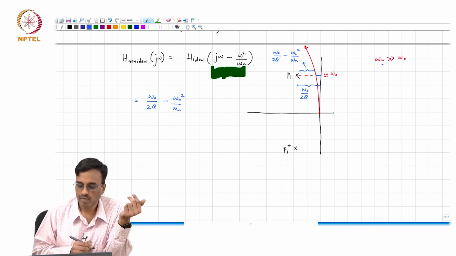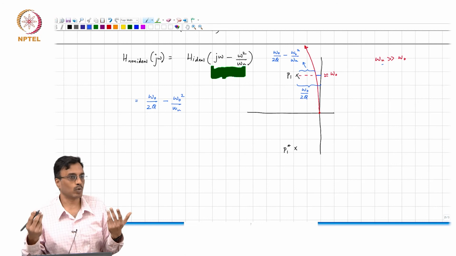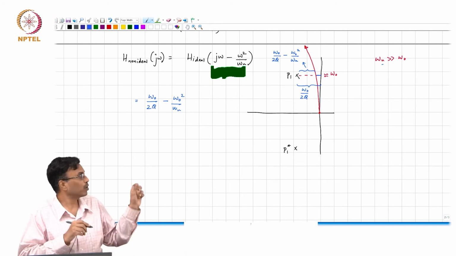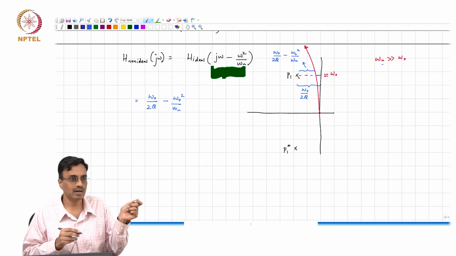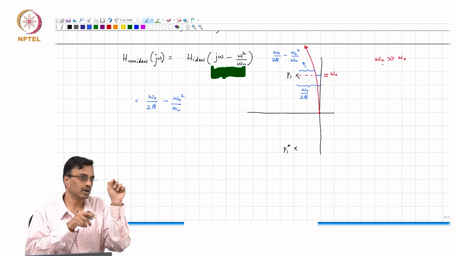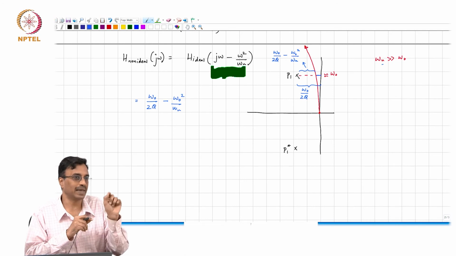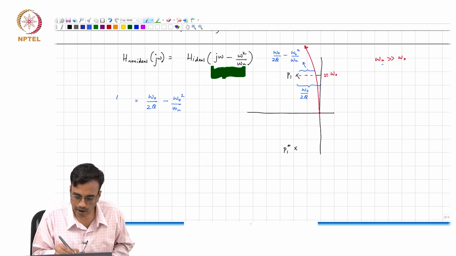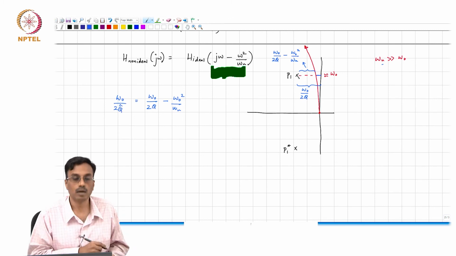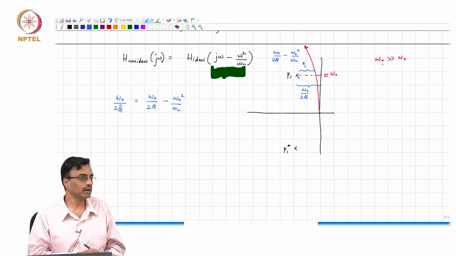So, basically we have a fictitious biquad, we do not know its quality factor, but we know that if you denote the quality factor by q hat, then the distance from P1 of that biquad to the j omega axis would basically be omega naught by 2q hat, all right.